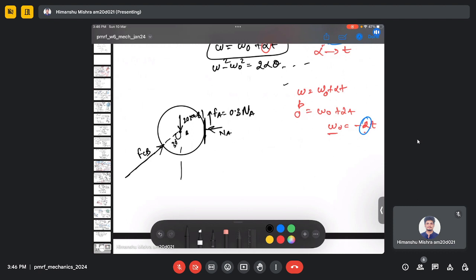So our objective is to first calculate the angular acceleration so that we can use the kinematic equation here to calculate the time required. And to determine the angular acceleration, obviously we need to do the moment balance, because it is equal to the moment of inertia and angular acceleration.